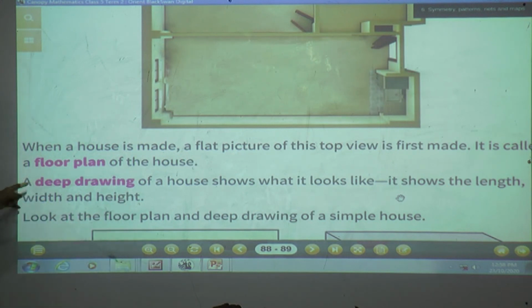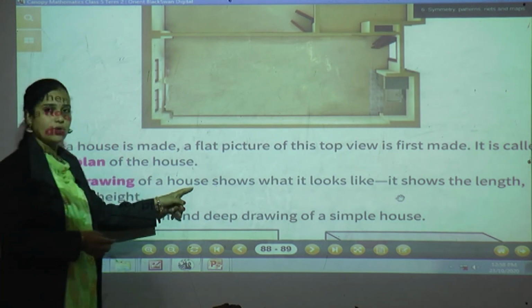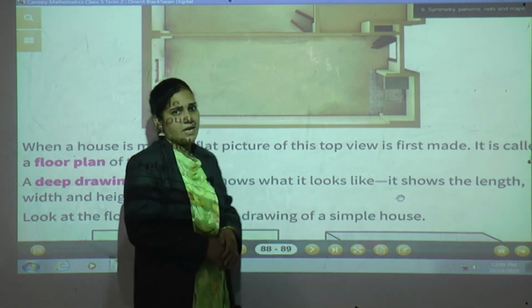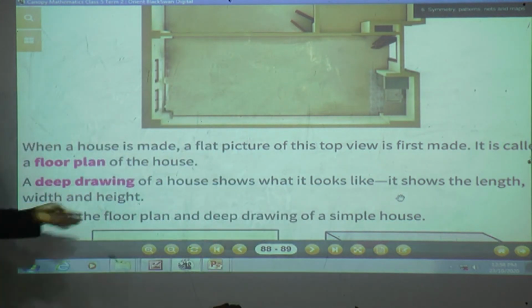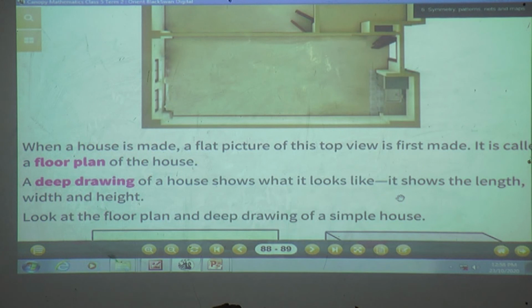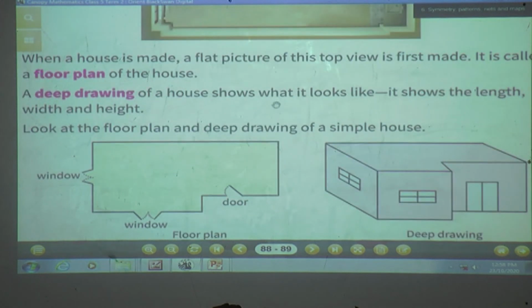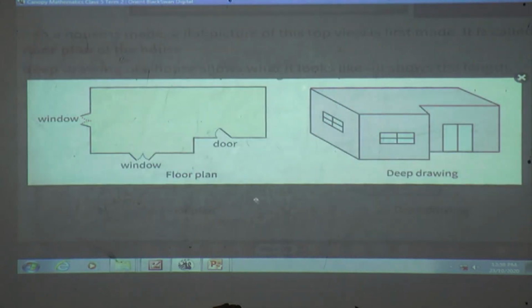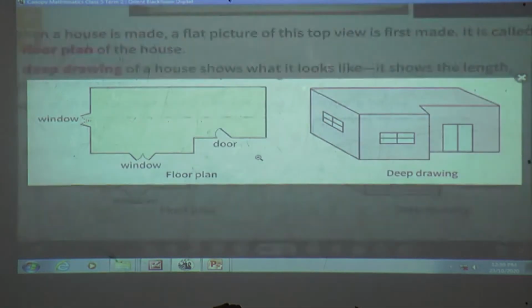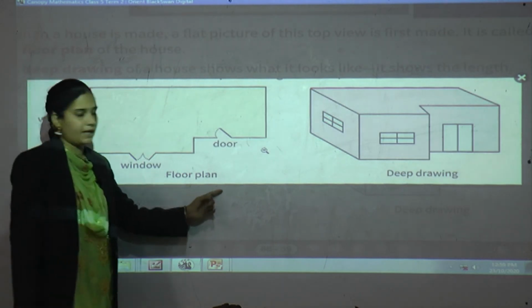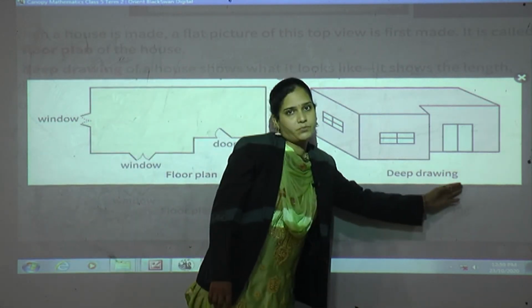Now see here, look at the floor plan and deep drawing of a simple house. See, they have given the examples of floor plan and deep drawing. See here. This one is a floor plan and this one is a deep drawing.